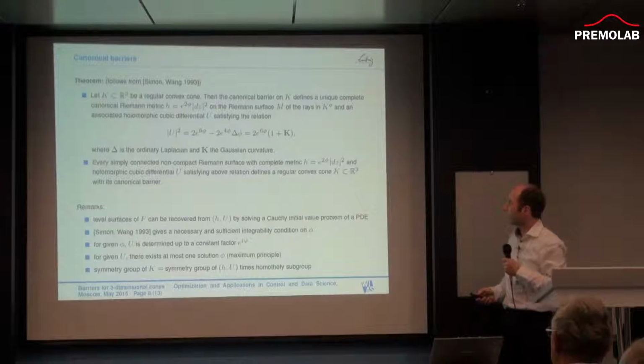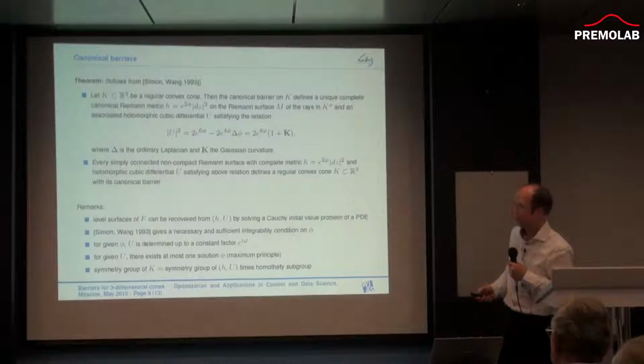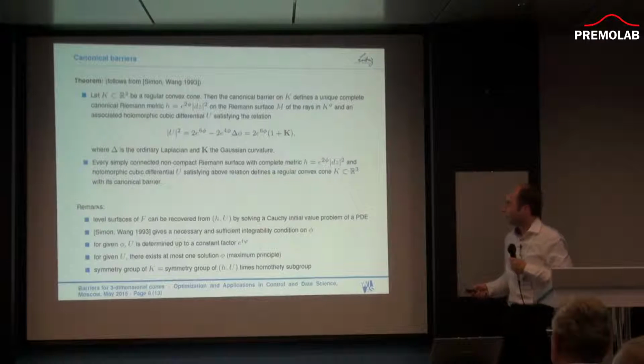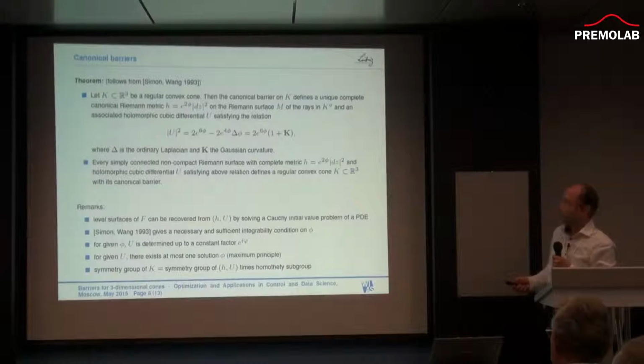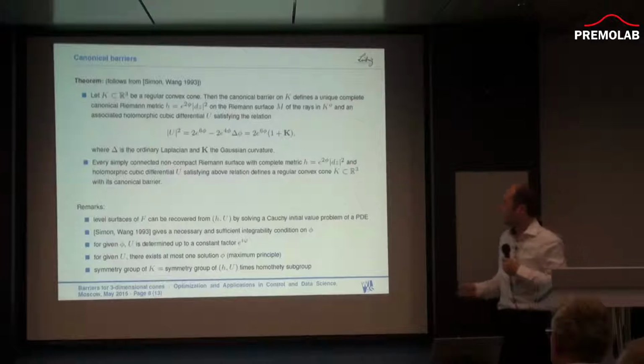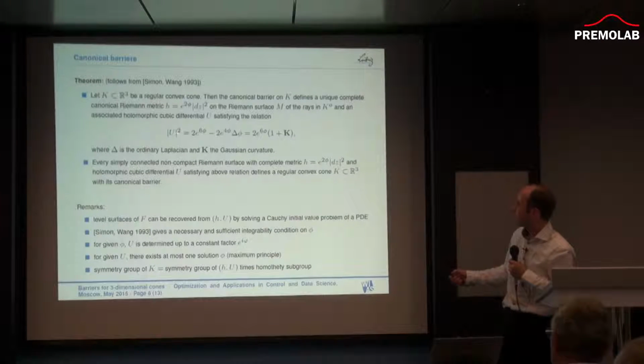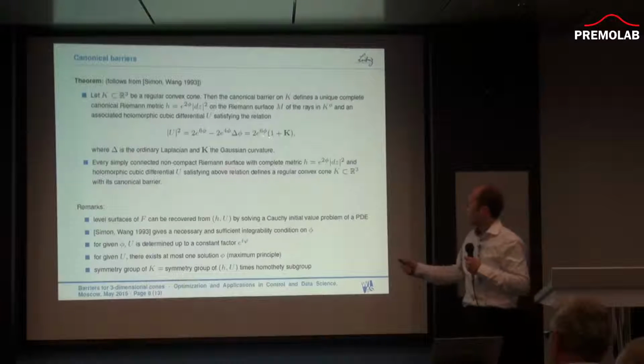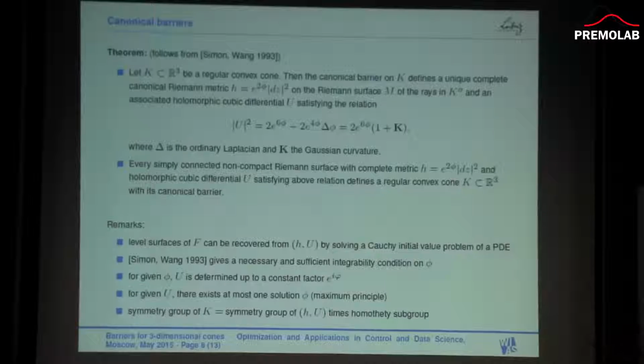And it turns out that the compatibility requirement is just that this holomorphic function has a modulus which is given by, this is proportional to the metric, and this is the curvature of the surface which is defined by the metric.